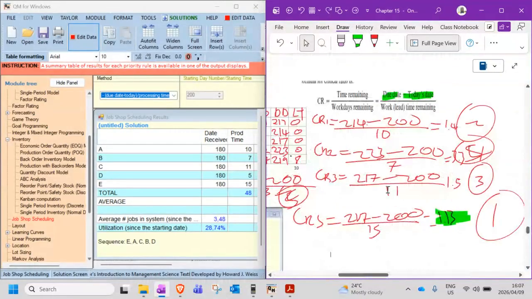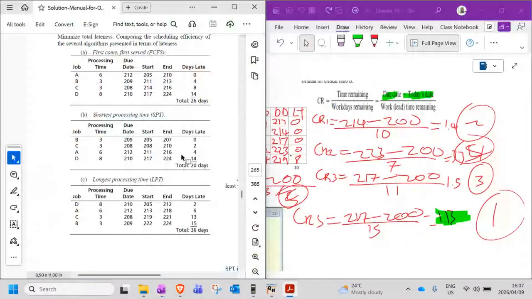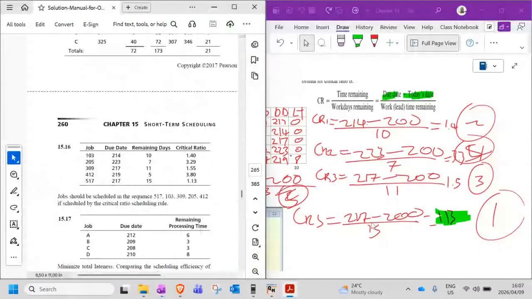So my number one is E, which is this one. This is number one, which is correct.